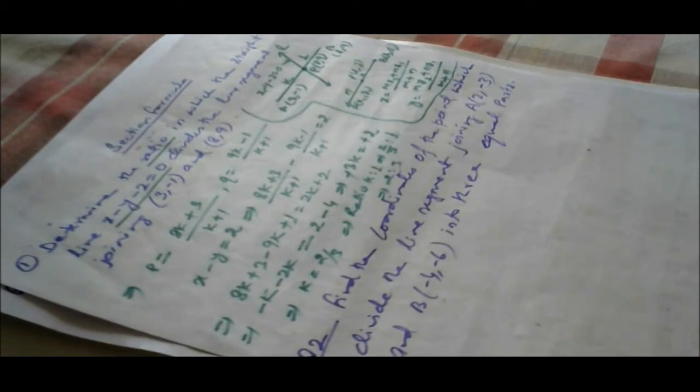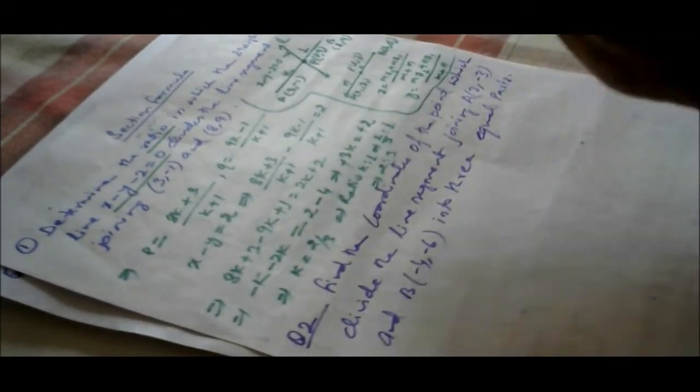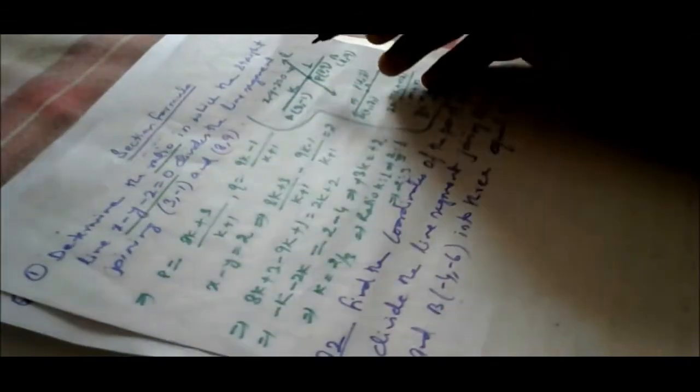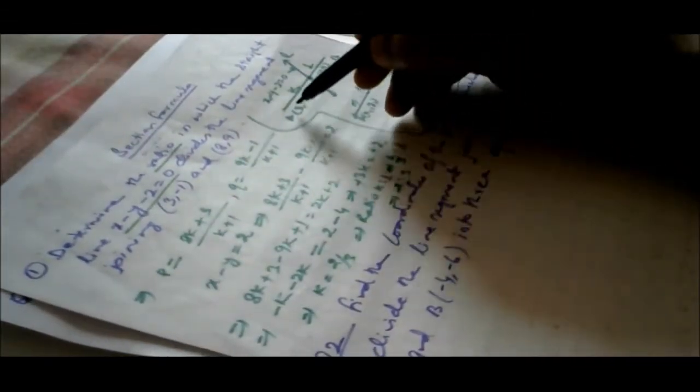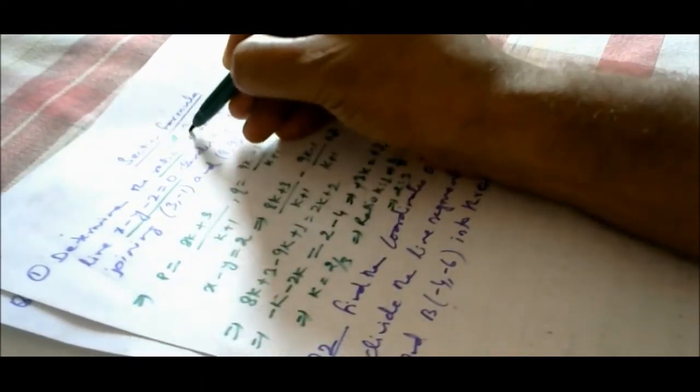If you multiply both by 3 in this ratio, you will get 2 is to 3. So the ratio in which this straight line is dividing AB is 2 is to 3.